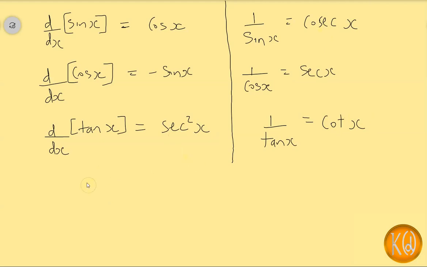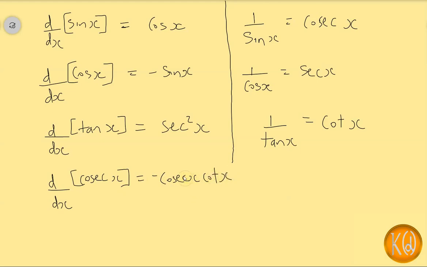So now let me continue. If you should differentiate the cosecant, that's equal to negative cosec x cot x.